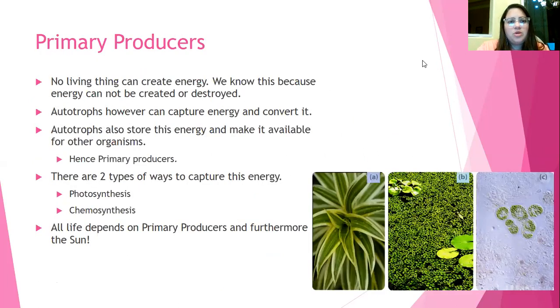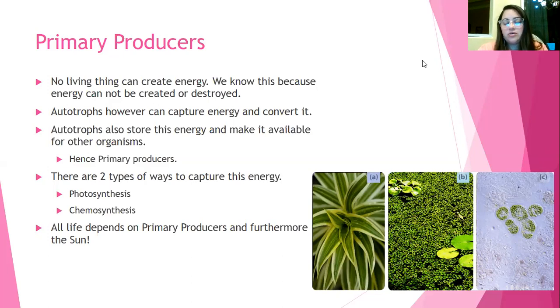All right, so primary producers. Primary producers are living things that will harness energy from the sun or from chemicals. So primary producers are autotrophs, and they can capture energy and convert it. So no living thing can create energy.